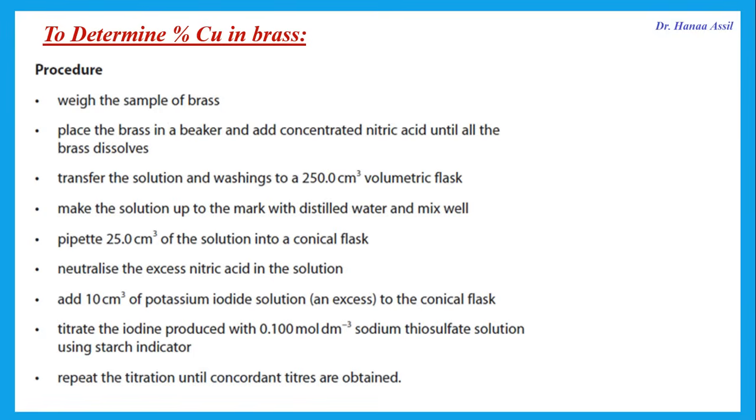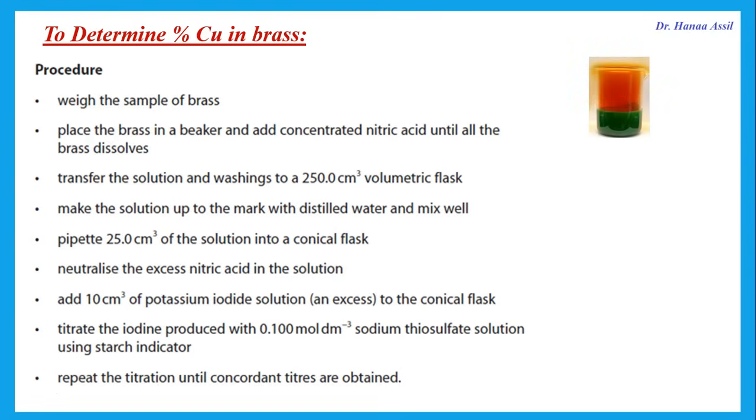Another reaction is to determine percent copper in brass. Now, this kind of question is repeated a lot. We have brass. You know that brass is a mixture of copper and zinc, and we're trying to determine the percent copper in a certain mass of brass. So the first thing we do is weigh the sample of brass, place the brass in a beaker, add concentrated nitric acid.